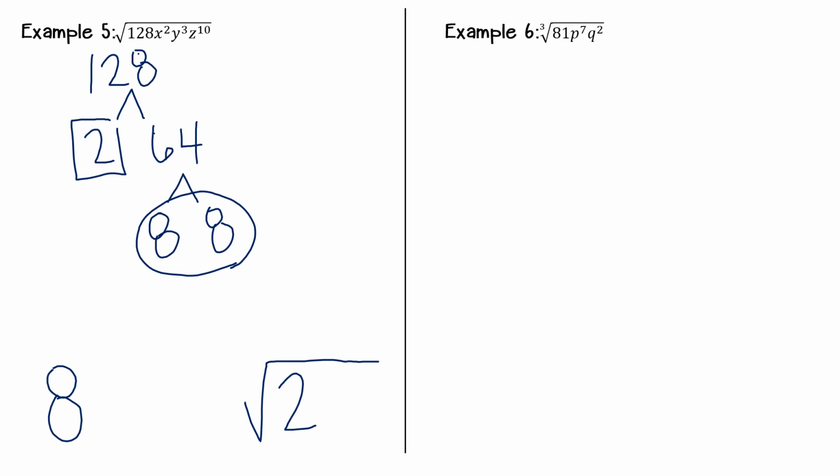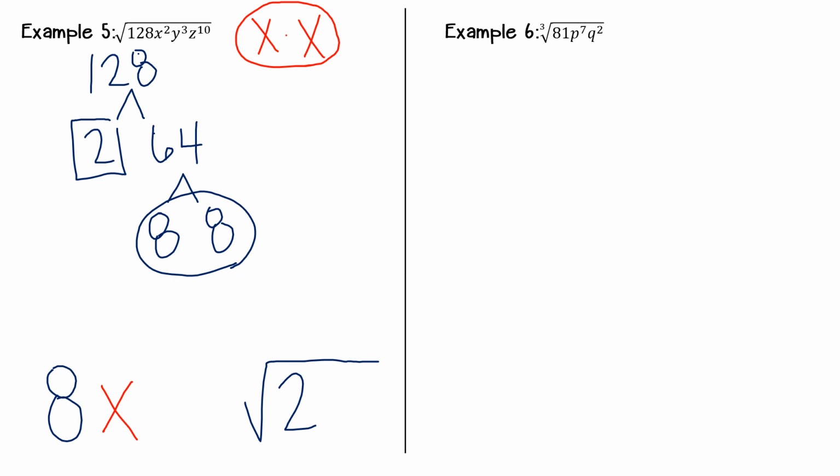So x squared is the same thing as x times x. If I'm making a factor tree, x times x would equal x squared. So the question is, for that, how many couples, or do I have any couples? Well, if I have a pair of x's, that would be considered one couple. So outside of my square root in front, I would just put 1x because I have one pair.